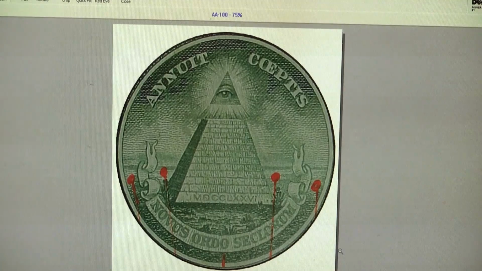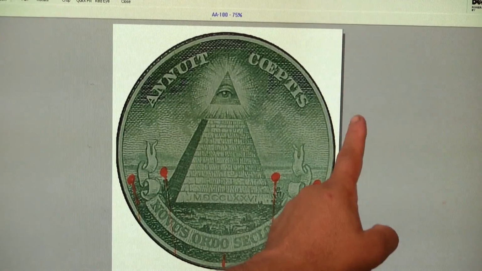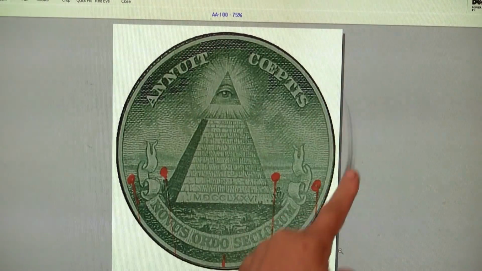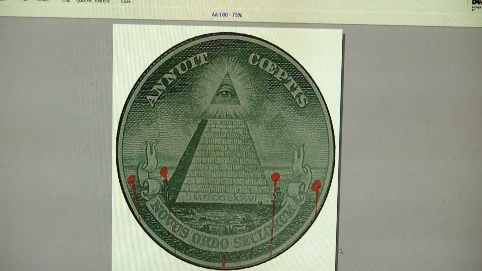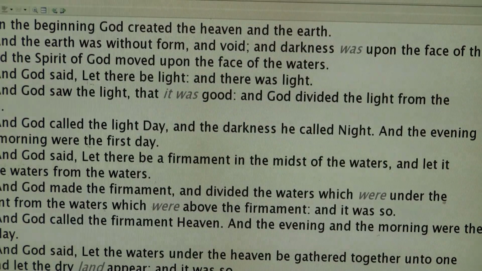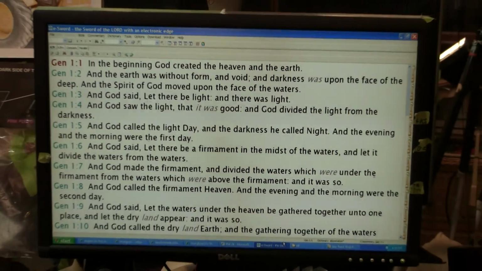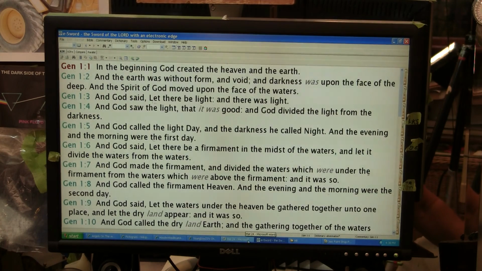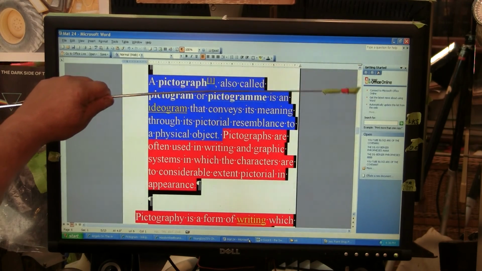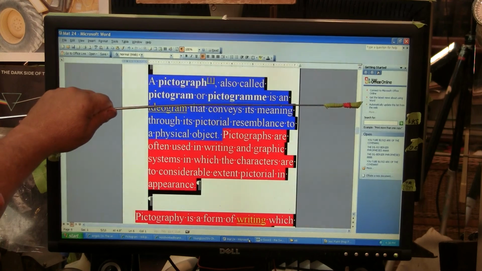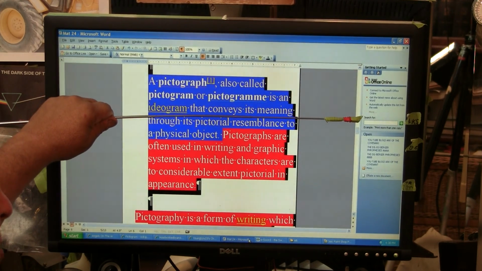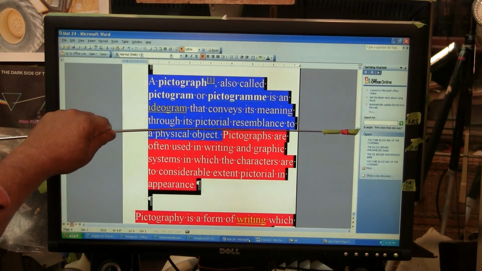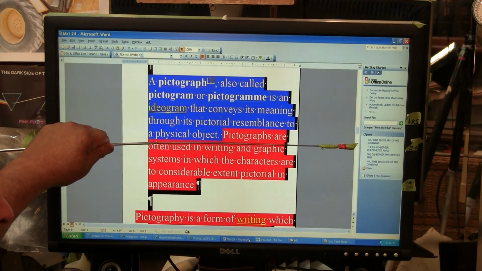What you see before you on your screen is a series of pictographs inside what I call the God Pod. And let me explain to you the proper definition of a pictograph before we go any further. A pictograph is in fact also called a pictogram, or an ideogram, that conveys its meaning through its pictorial resemblance to a physical object.